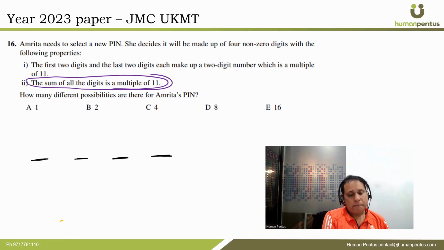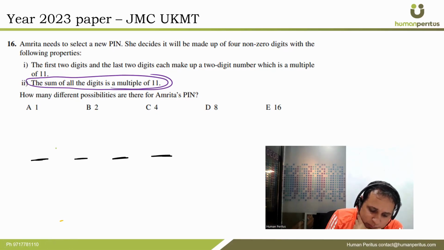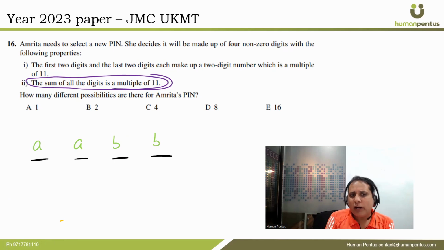Okay. Now guys, think of it this way. Whatever value I put here, maybe this value is A, this will be A, and something here which is B, it is also B. And now you can take any digits.